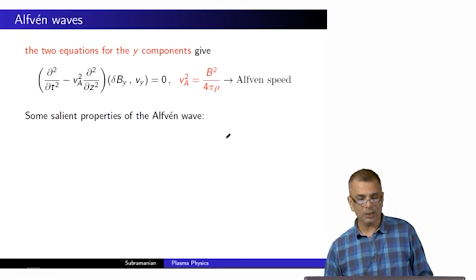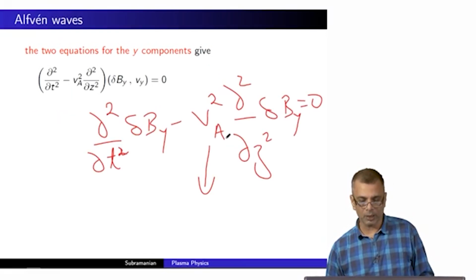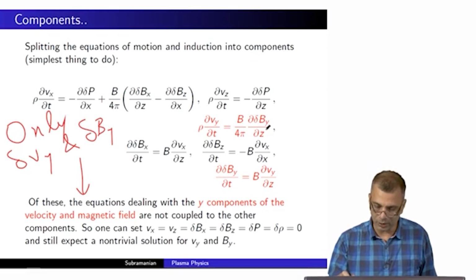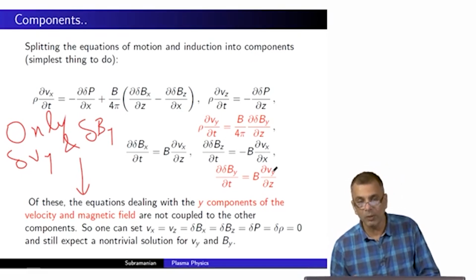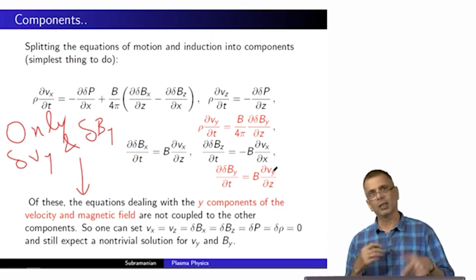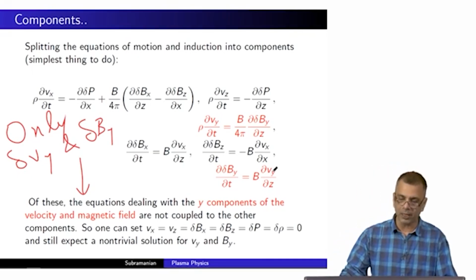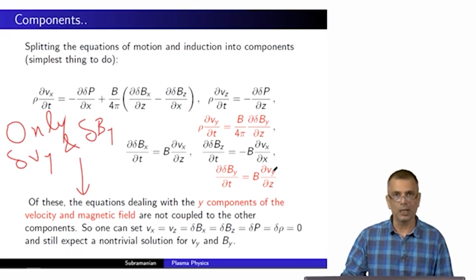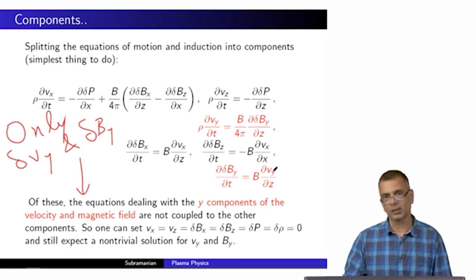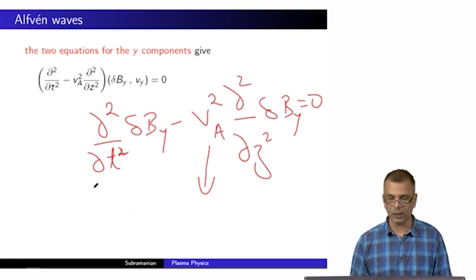So, the thing is, when you look at these two equations, these are two coupled first order equations, and you can parlay them into one second order equation, exclusively in delta Vy or exclusively in delta By, and that is what this is.